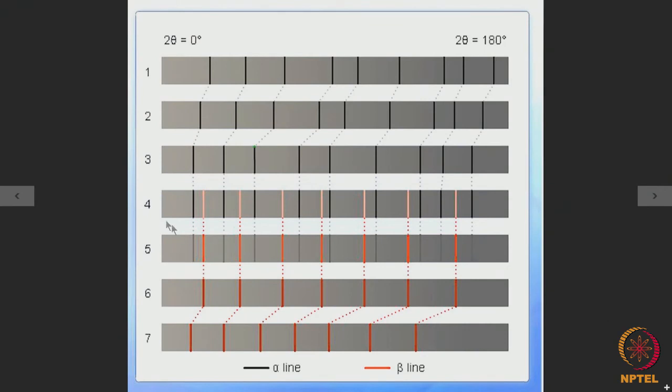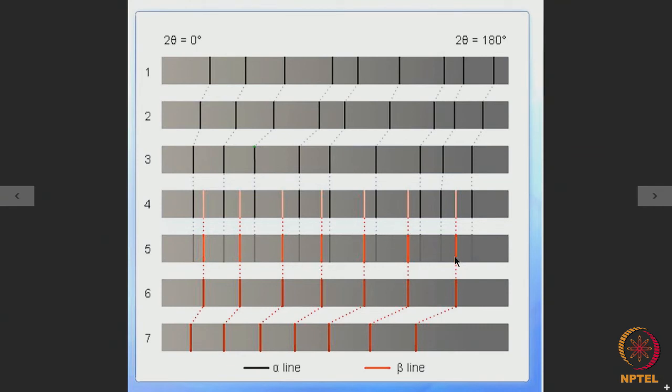Say in case of 4, again the dark lines are for the alpha, you see, and these weak lines are for beta. So as we go to alloy number 5, what we find, the amount of beta increases in alloy 5 from alloy 4, as a result of which the beta lines are much stronger here.